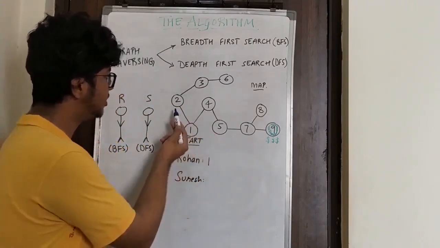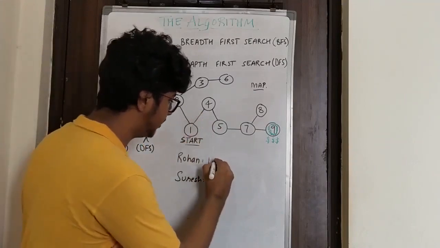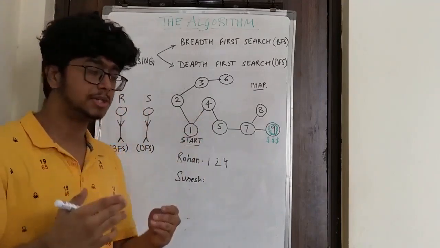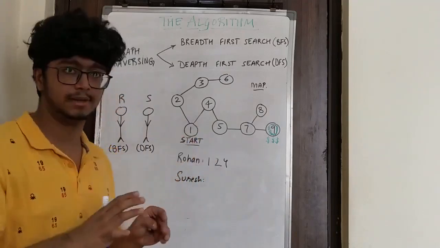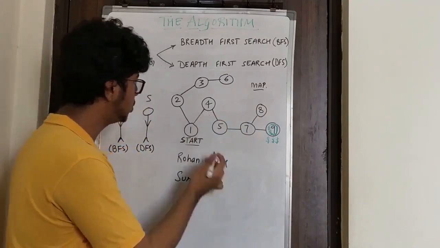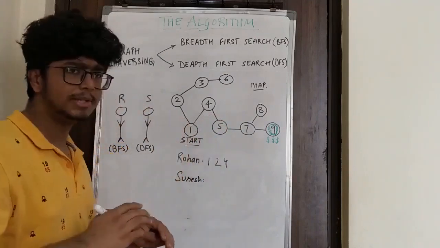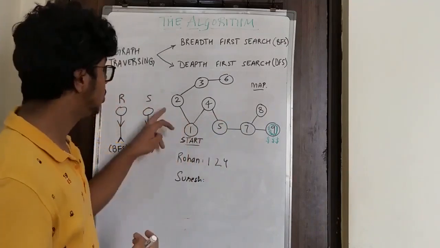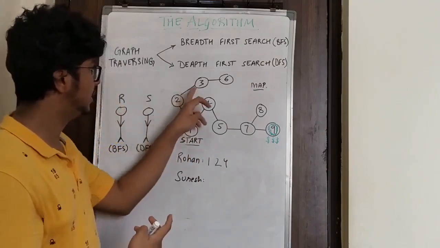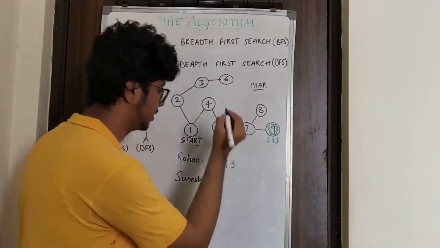Now 1 is connected to 2 and 4, right? So he visited 2 and 4. Since 1 is completely explored, he went to the second node, node 2. 2 is connected to 1 and 3, but 1 is already explored. So the next node is 3.